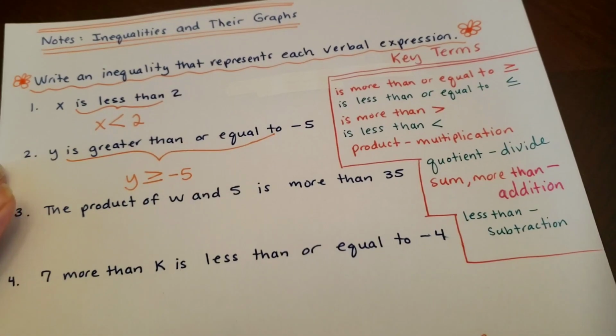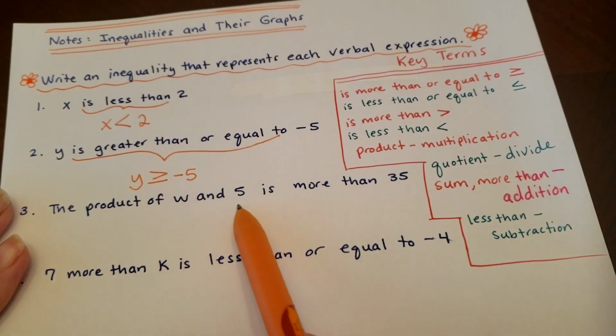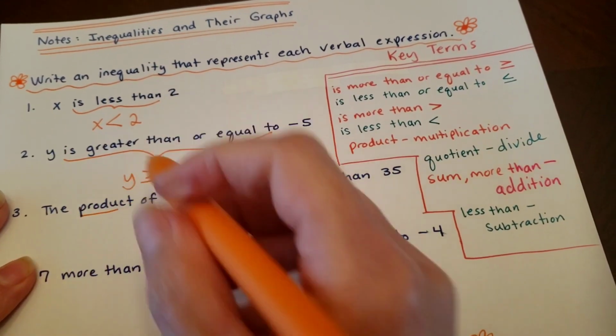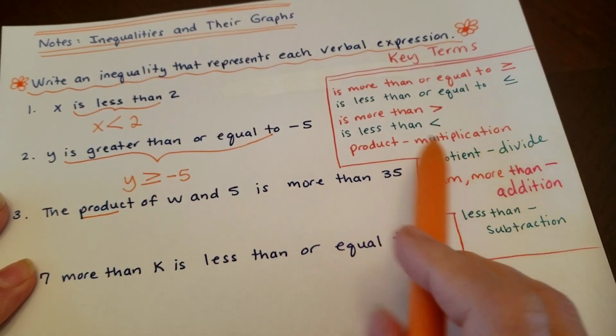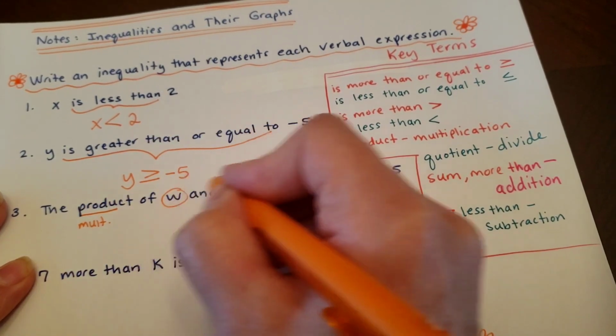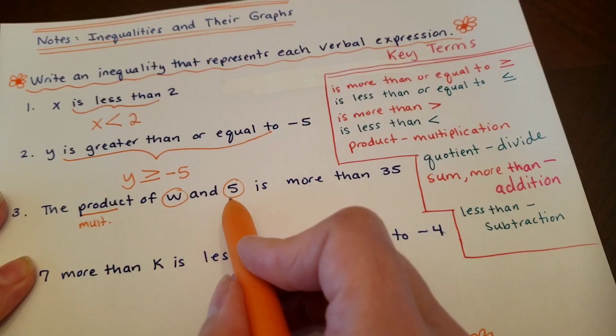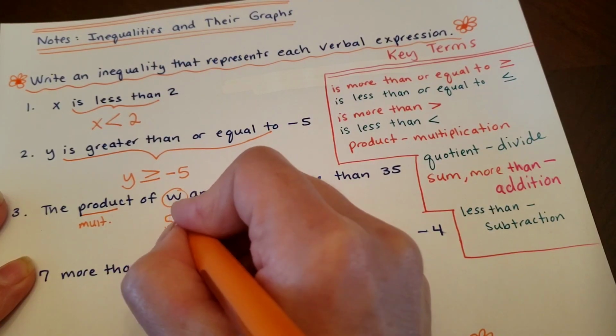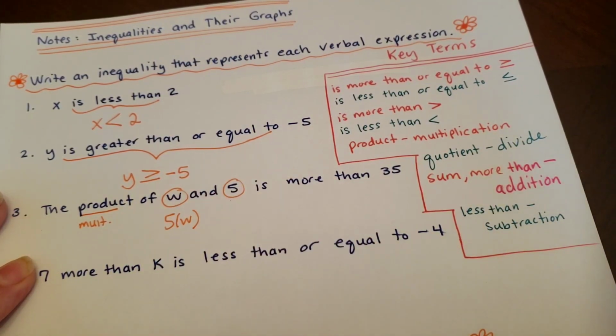Then it says the product of W and 5. So product, we see over here means multiply. So I know I'm going to multiply two things together. I'm going to multiply whatever comes after. So usually we write 5 times W like that, or you can omit the parentheses, you don't need them.